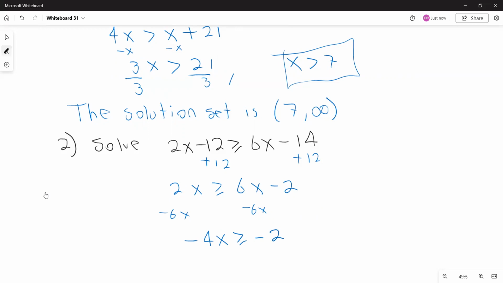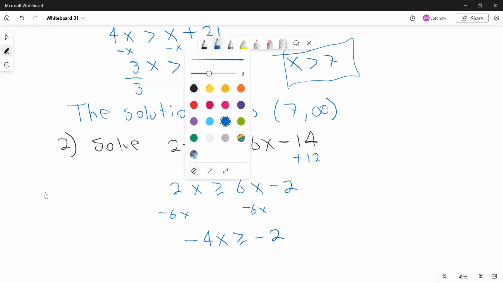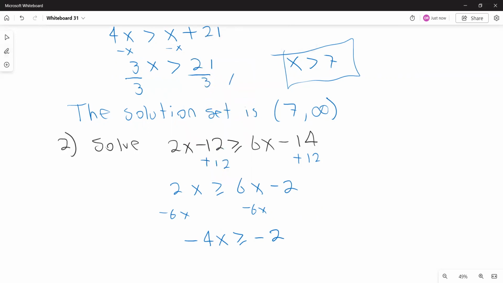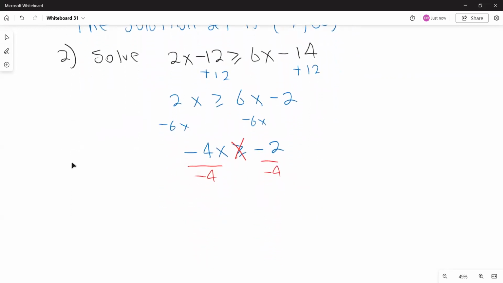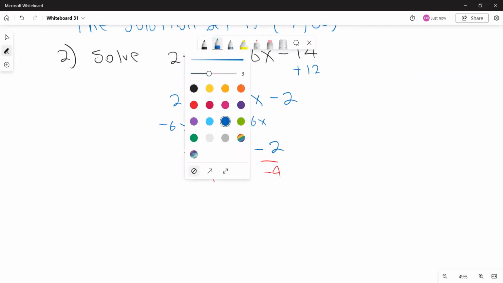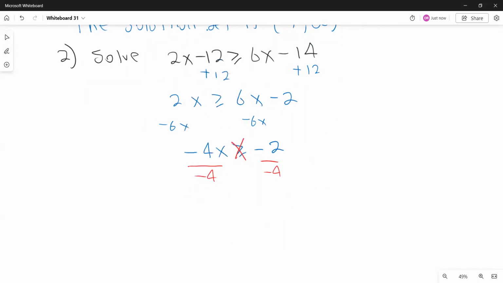So you need to be careful whenever you divide by negative 4, because we're dividing by something negative, and the inequality symbol will reverse. So we cross that, indicating that the inequality symbol will reverse. So negative 4x over negative 4 is x. We divide by something negative, and the inequality symbol reverses, and negative 2 over negative 4 is 1/2.